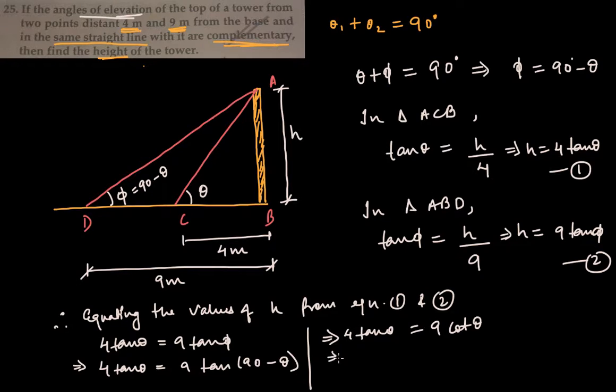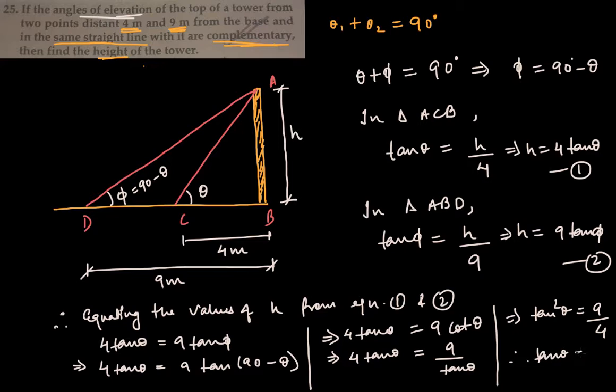So this gives us 4 tan theta is equal to 9 upon tan theta, right? Because cot theta is nothing but 1 upon tan theta. So finally I can write from here that tan square theta is equal to 9 by 4, and therefore tan theta is equal to 3 by 2, right?